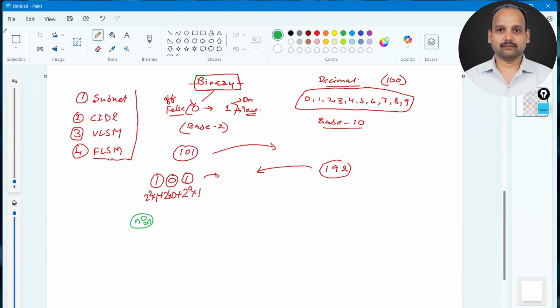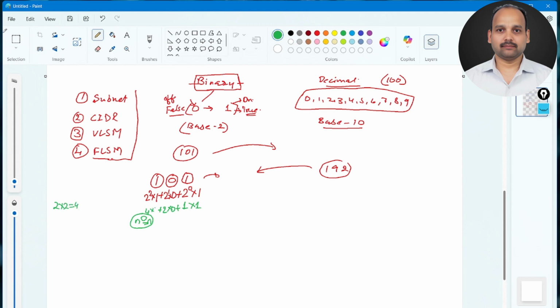So 2 to the power 0 means 1, and 1 times 1, plus 0, and 2 to the power 1 means 2, plus 2 to the power 2 means 4, since 2 times 2 equals 4.